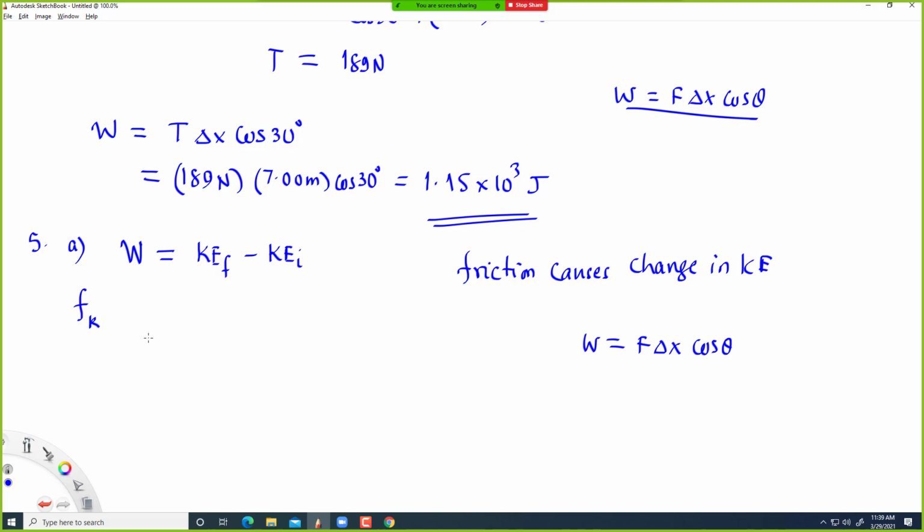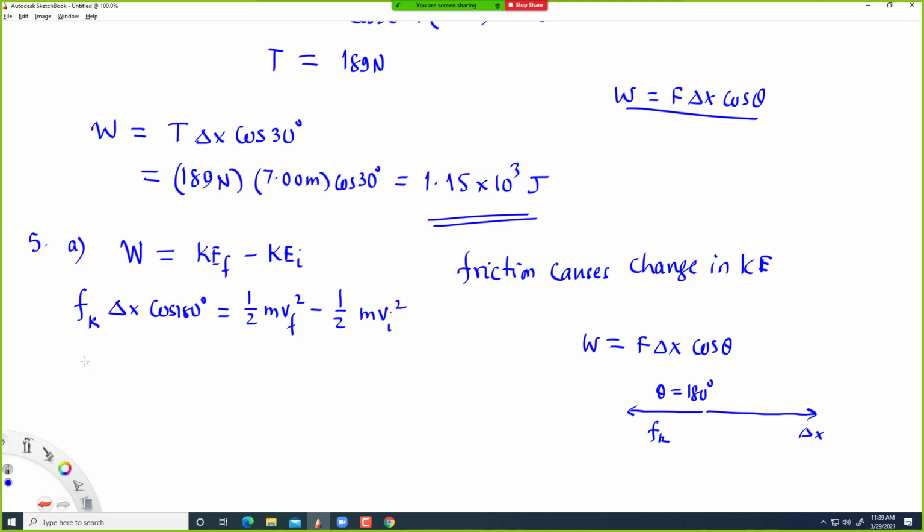Displacement is what we want to find, so delta x, and then the angle between friction and delta x. The car is moving this way, and the friction force is exerted in the opposite direction, so theta is 180 degrees. So Fk delta x cosine 180 degrees, which is -1, equals 1/2 m v final squared minus 1/2 m v initial squared.